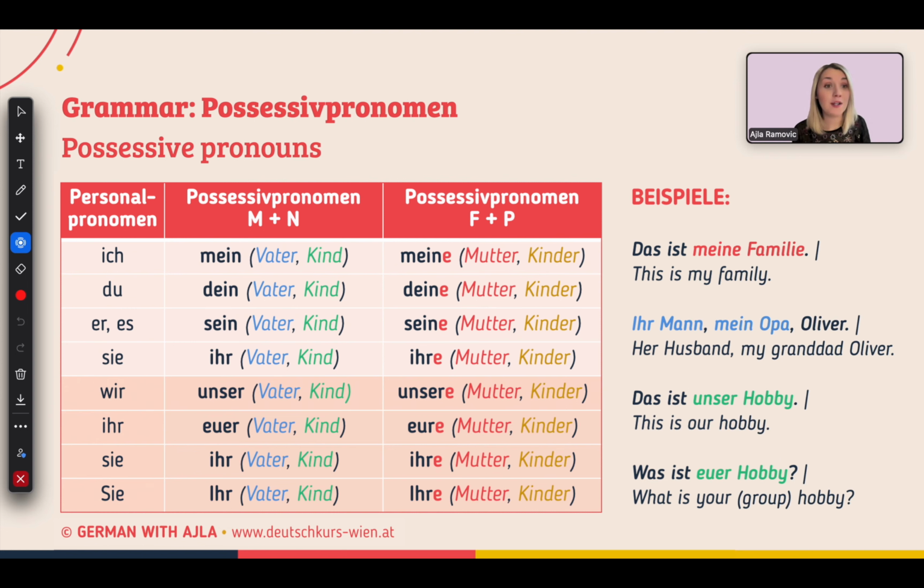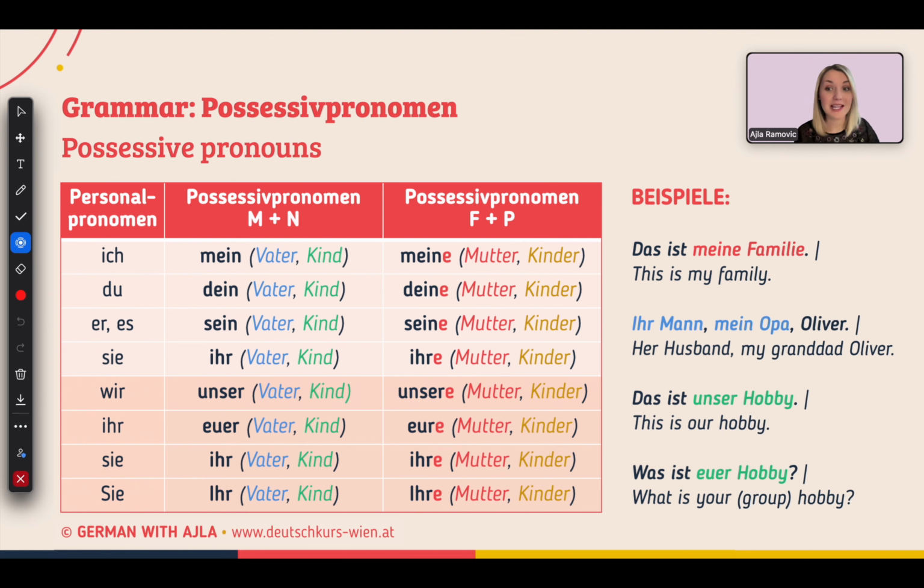But if you are using your possessive pronoun before a feminine noun, like die Mutter, or before a noun in plural, like die Kinder, then your possessive pronoun will need the additional ending e. Meine Mutter und meine Kinder.